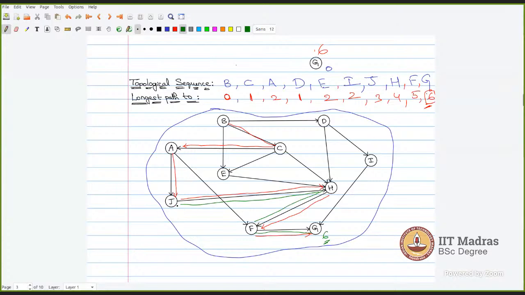From the graph you can see I can reach J only via A. So traverse back to A, and back to C, and back to B. Can we go in reverse direction also? This is how we can go.